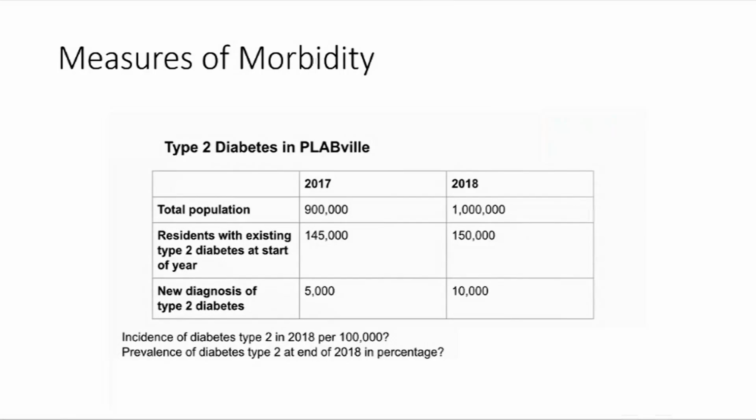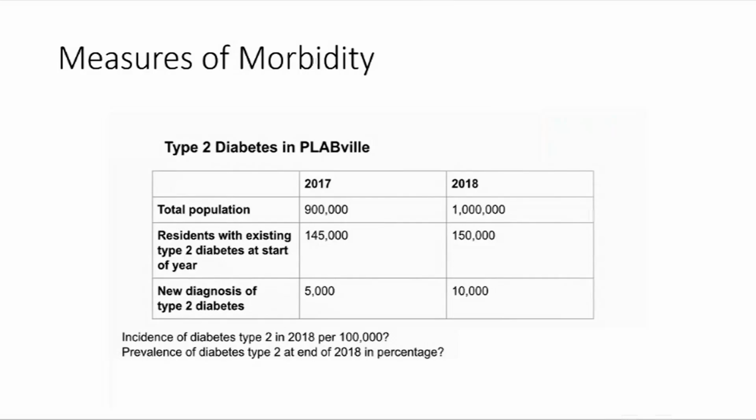The prevalence of type 2 diabetes at the end of 2018 in percentage. That one, we'll calculate by adding 150,000, which is the existing cases, plus this 10,000, which is the new cases. Remember, we said prevalence is what?